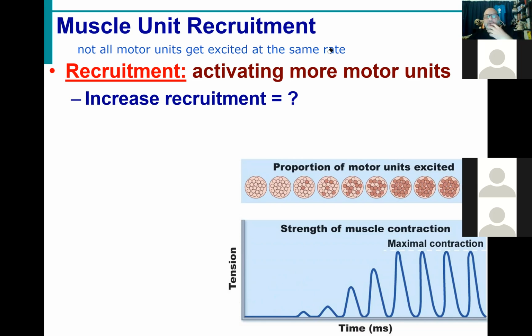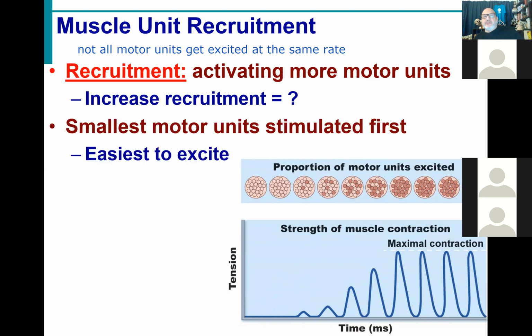Notice here we have a fascicle that has different motor units within it. And when you have a fascicle with different motor units, typically the smallest motor units are the ones that get stimulated first. They are the ones that are easiest to excite. So there is some bag on the table that has some random number of pens in it that I don't know how many they are.